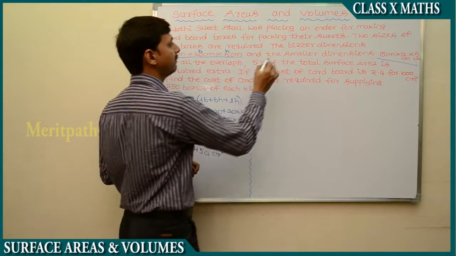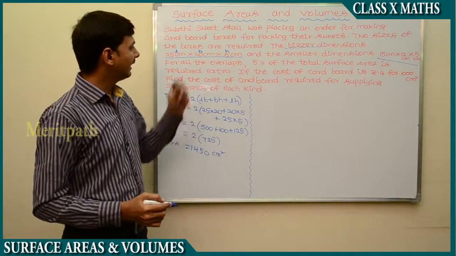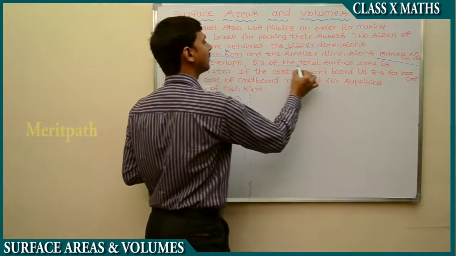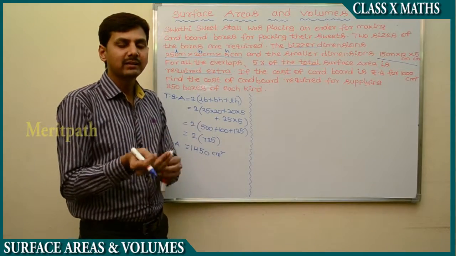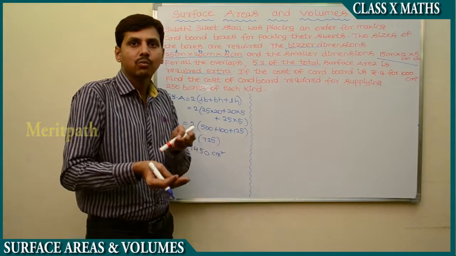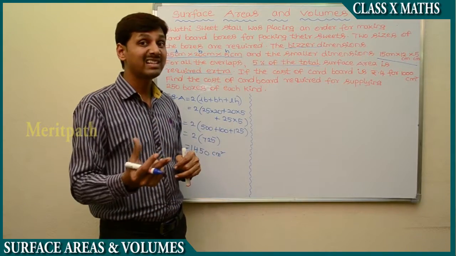These are the bigger box dimensions. 5% of the total surface area is extra required, because for each box a little extra cardboard is needed. So we need 5% extra cardboard.